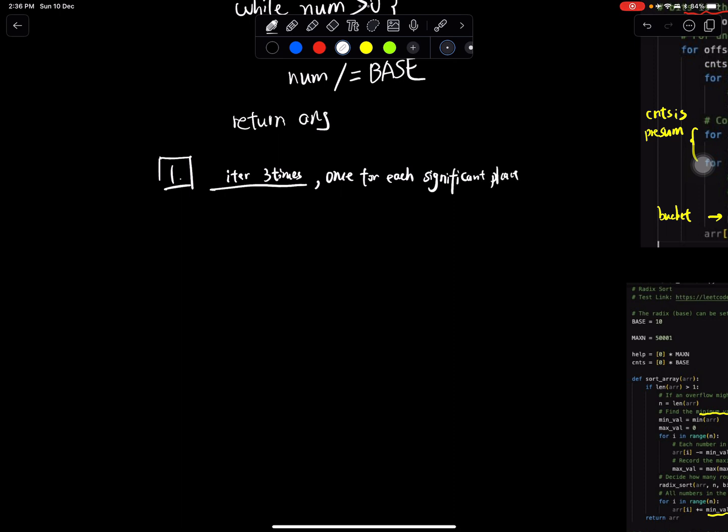Then sort the elements based on unit place digits. We use stable sorting techniques such as counting sort. Perform counting sort on the array based on unit place.